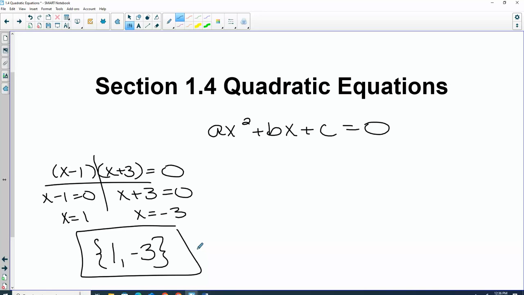How many answers do we get on a quadratic? 2. It's an x squared. We have to get 2 answers. Now sometimes we might get the same answer more than once, right? I could get like 1 twice for an answer. Do you remember what it's called if you have a repeated solution like that?